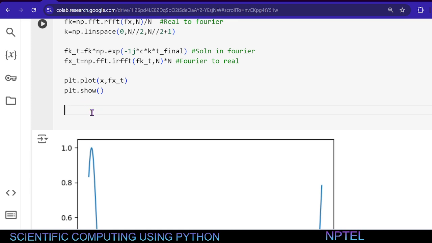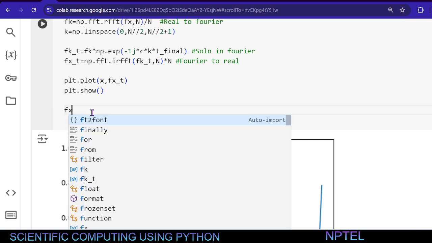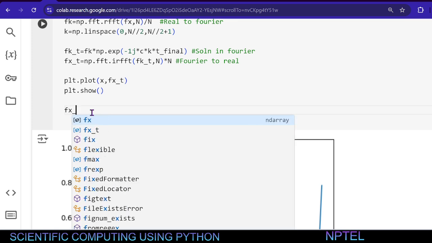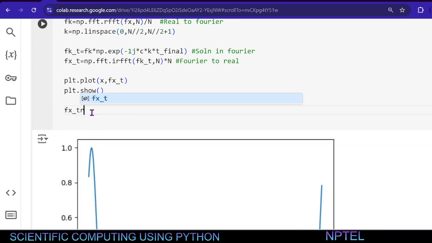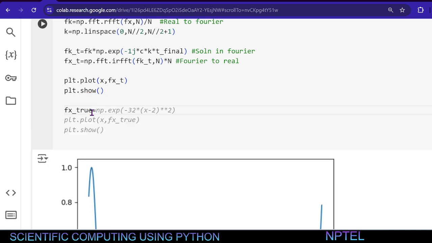So we can write fx true, which is going to be np dot, this was the original function, right? So it's going to be, instead of x we have minus c times t final.